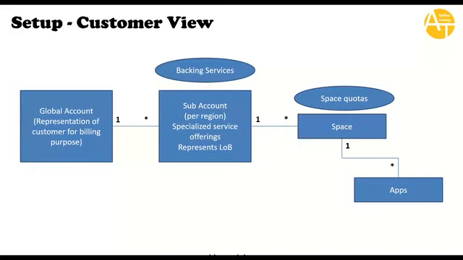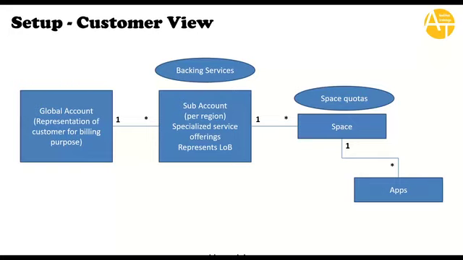They want ABAP runtime as well. So accordingly, SAP will make a plan and say, okay, this is your global account. These many units and compute units you get, and this is the price you have to pay per month. So a global account represents a customer from SAP's point of view for billing purposes.